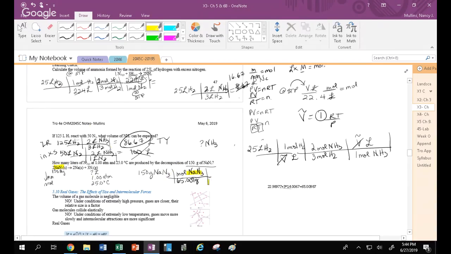Yeah. For every 2 of the sodium azides, we're making 3 of the nitrogens. Are we okay there? So now we're talking about this substance. We now know how many moles.